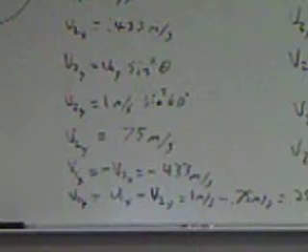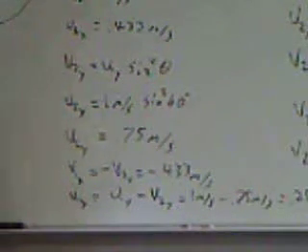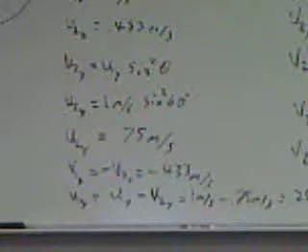Okay? And so those are our answers. We have v1 and v2 in terms of their x and y components. Now I want to check that these satisfy the general equations I gave you before. I am going to have to erase this stuff over here.